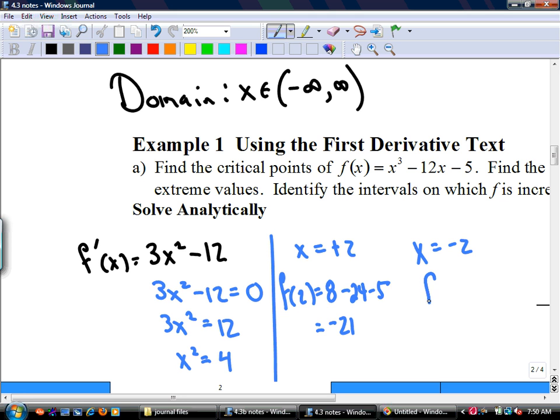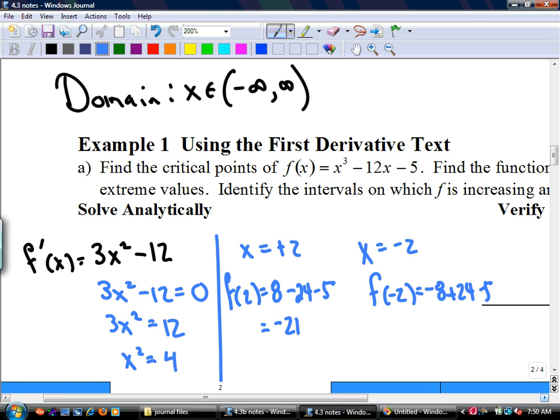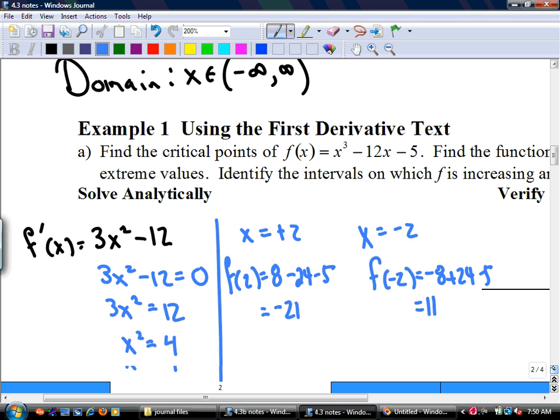Now we need to find out what f of negative 2 is. Negative 8 plus 24 minus 5, 11? Okay, so we've done that.